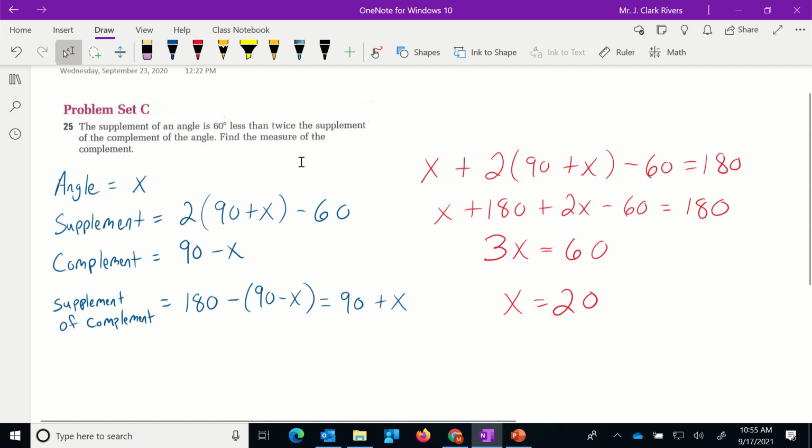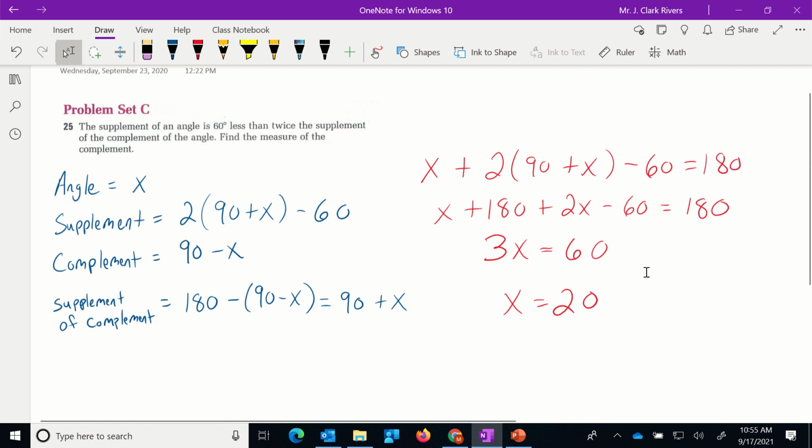Well, an angle plus the supplement is 180. So the angle x plus the supplement, 2 multiplied by 90 plus x minus 60, equals 180. We distribute the 2, giving us 180 plus 2x. The 180s are going to cancel out. You add 60 to both sides, and you get 3x equals 60. Divide by 3, and you get x equals 20.